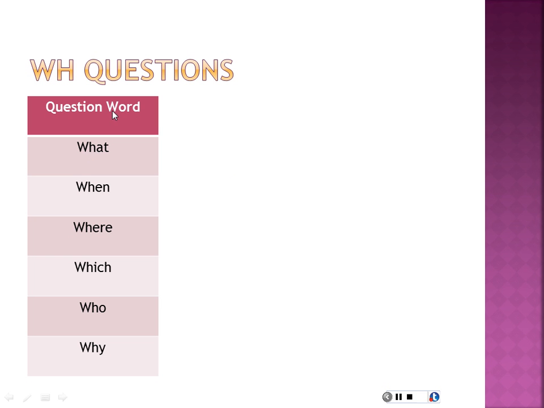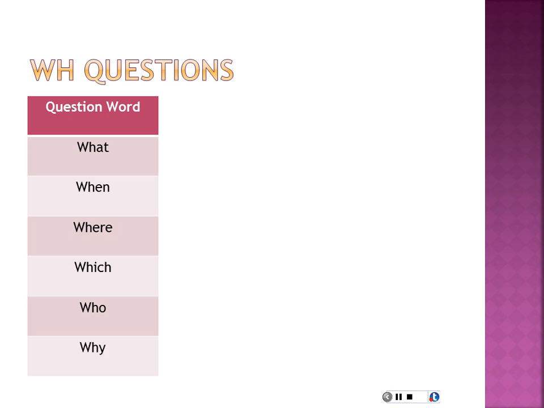Here we have the question words: what, when, where, which, who, and why. So we need to know the function of each one. When do we use what? When do we use when, where, which, who, or why?